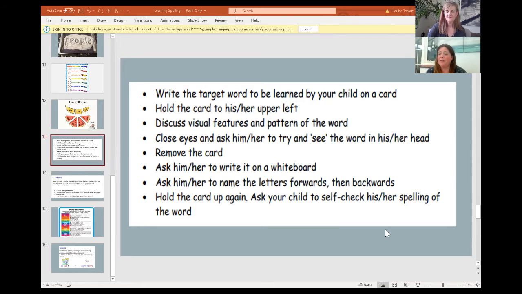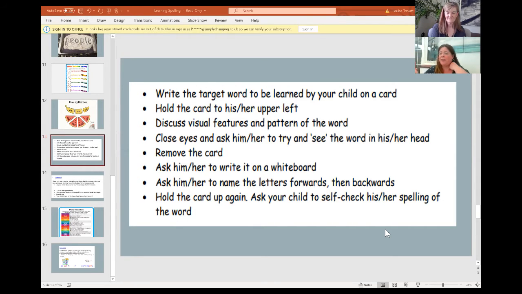Whiteboard is really important because if it's on a piece of paper, it's committed to, it could be right, it could be wrong. But on a whiteboard, children love writing on whiteboards because they know it can be rubbed away, it can be rubbed out. And then, like we've talked about before, looking at the letters they've written, forwards, backwards, and then you can have the card up again and the child can check themselves.